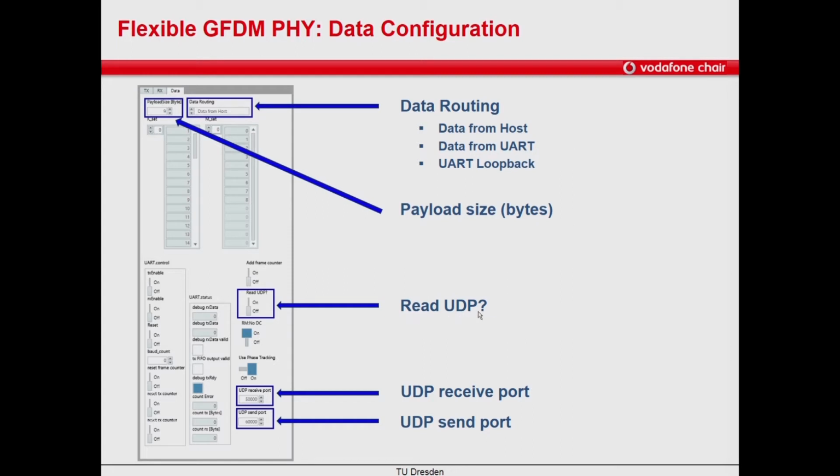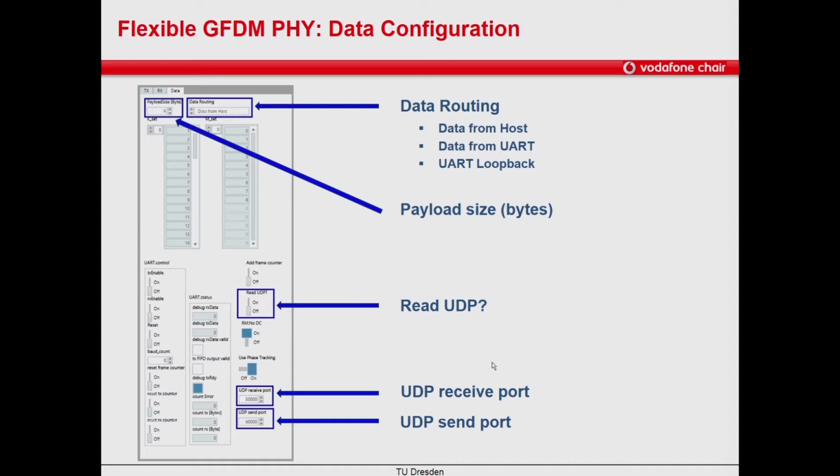If read UDP is set to off, the data will be generated on host as a RAM function. We will select on to get the data via UDP. This means that the transmitter will receive the data as UDP packets from the video streaming server, and the receiver will send the output via UDP to the player to be displayed.